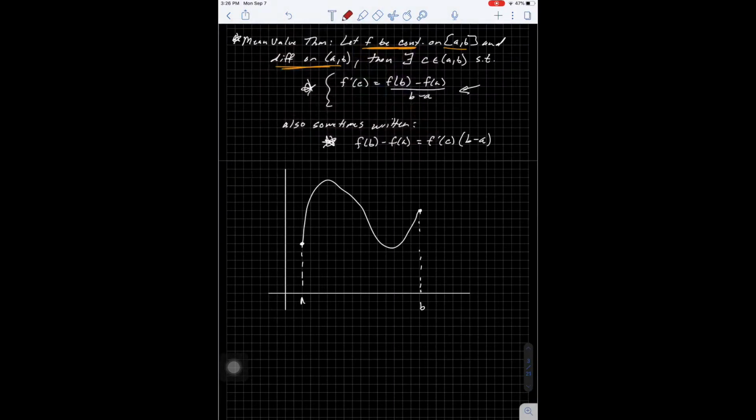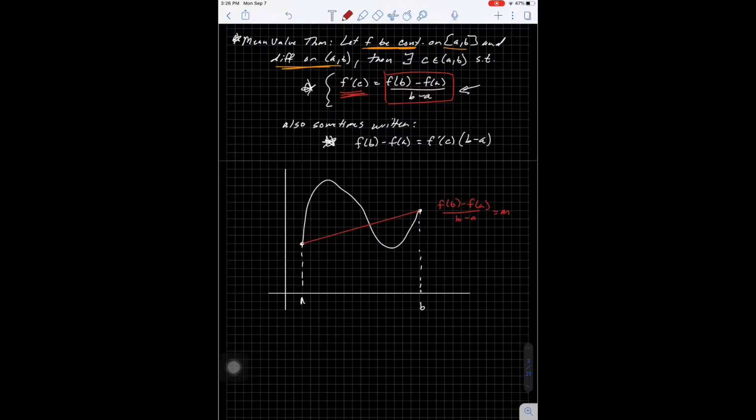This right here is the slope formula. Okay, if you notice, that's the y minus y over x minus x. So it's just saying, hey, here's the slope between the endpoints. Okay, this red line is the f of b minus f of a over b minus a. That's your slope value between the two points a and b. And all of this mean value theorem is saying is that somewhere in this function there's an equal slope at a tangent point.